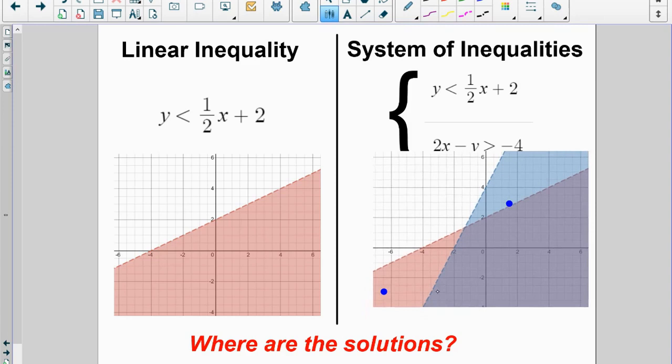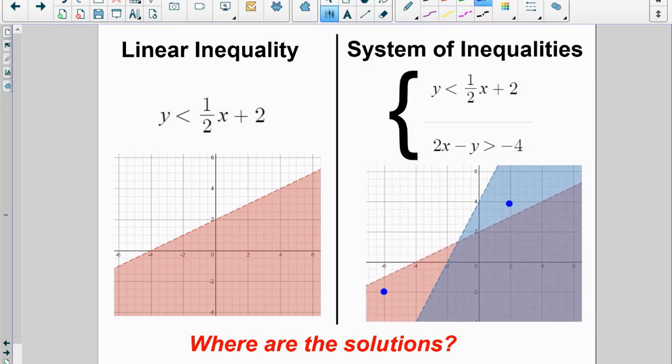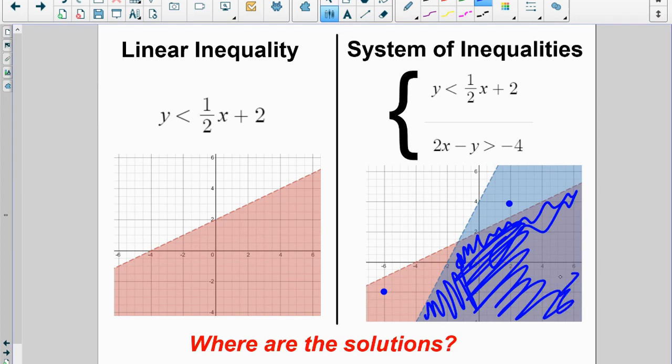If I were to draw this, let me try that again. Shade in all the way up to those boundary lines, but not crossing those two boundary lines, and where they intersect, that would be our solution zone, or where our solutions are going to occur.